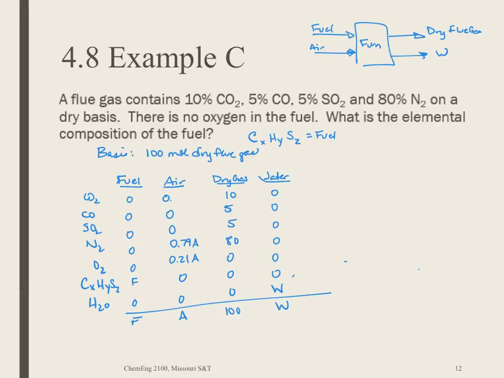Now I need to start doing balances. On reactions, especially in this case, I don't even know what the fuel is, so writing a balanced combustion reaction would be very challenging. So let me just do an atom balance.